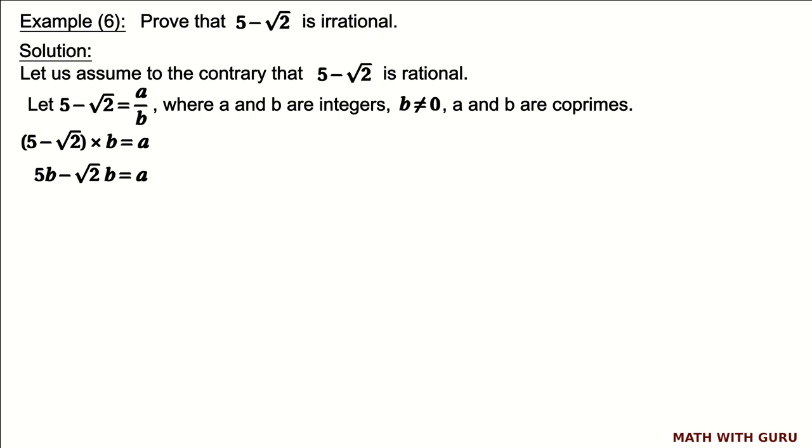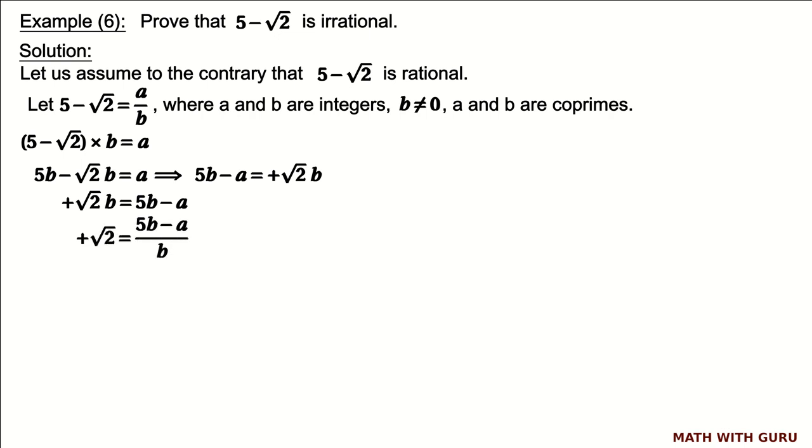Now bring minus root 2b to the right hand side and a to the left hand side to get rid of the negative sign of root 2b. 5b minus a equals plus root 2b. Now plus root 2b equals 5b minus a. We have swapped the sides.